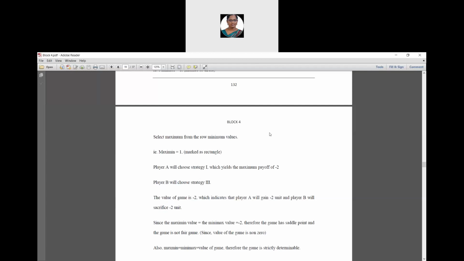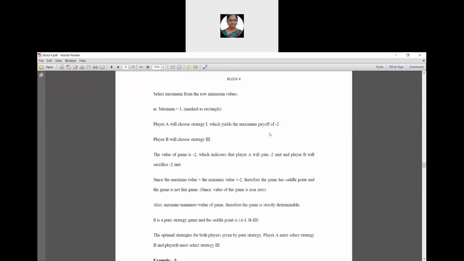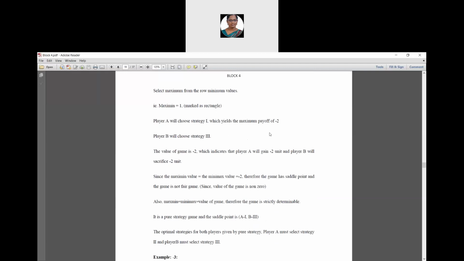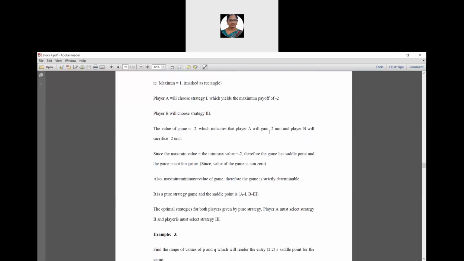Since the maximin value equals the minimax value, equal to minus 2, therefore the game has a saddle point and the game is not a fair game, since the value of the game is non-zero.